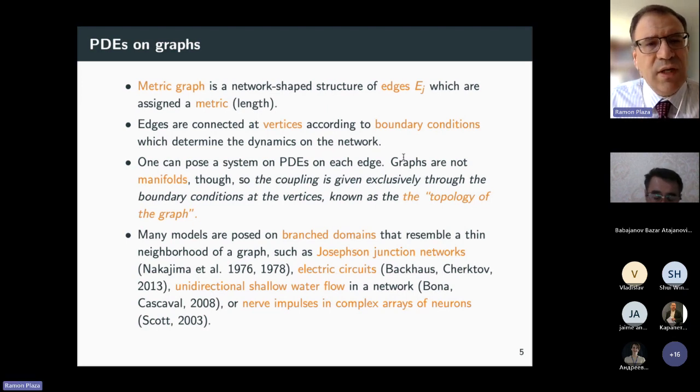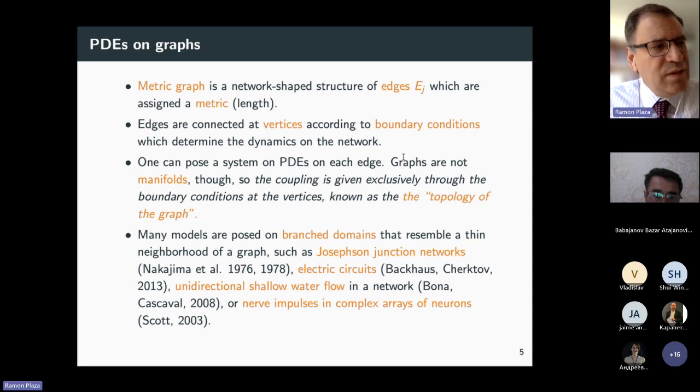So these edges are connected at vertices according to certain boundary conditions, and these boundary conditions determine the dynamics on the network. Graphs are not manifolds, so actually the only coupling is given exclusively by the boundary conditions at the vertices, which is called the topology of the graph.